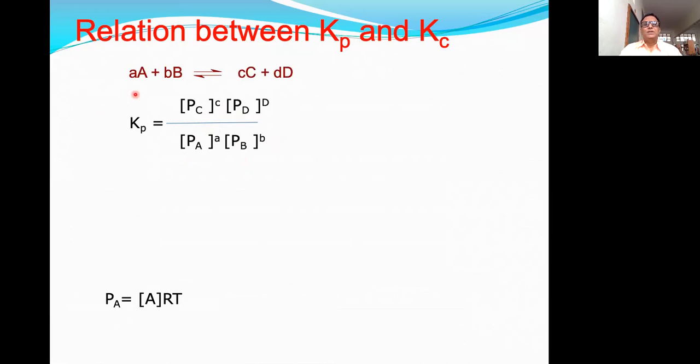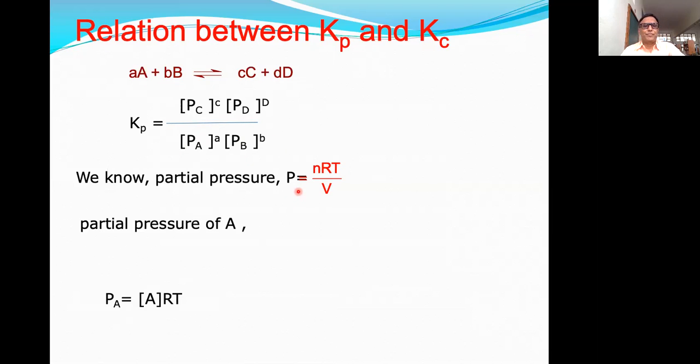Now this is for the general reaction aA + bB gives cC + dD. Now we know that partial pressure P is equal to nRT upon V. You can obtain this expression from the general gas equation.